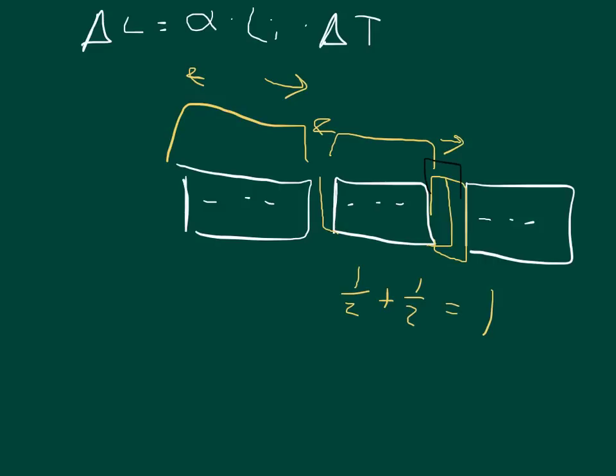Each concrete slab gets one whole space, and so the amount of space you would want to put in between each one is equal to the entire change that one concrete block will make, so the entire change of L. So we don't need to find the L initial, we don't need to find the L final, we just need to find the total change.